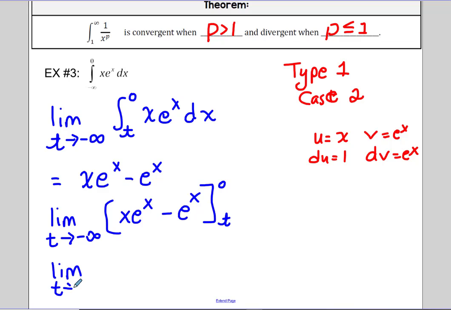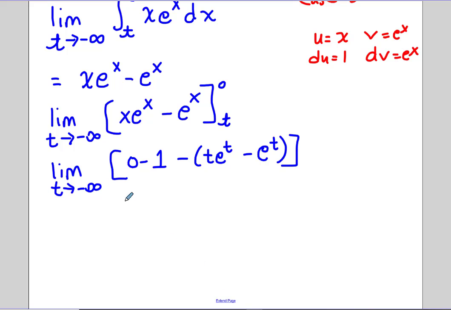So we'll evaluate this, and then the limit would come last. So the limit as t approaches negative infinity. We've got 0 minus e to the 0, and then minus, substituting t, t e to the t minus e to the t. And now as t approaches negative infinity, we have negative 1 here, and then a large number times e to the negative infinity.